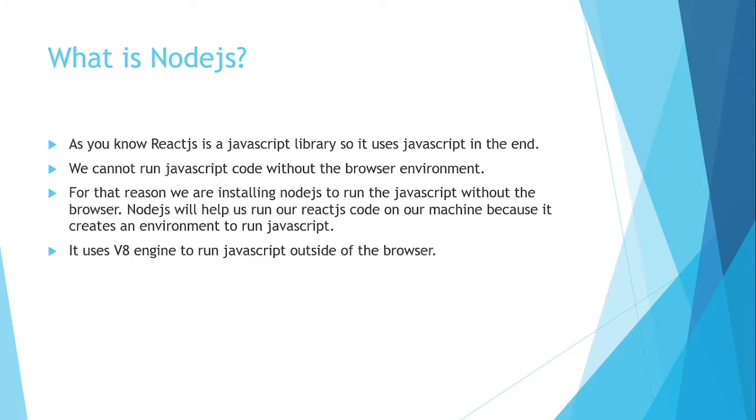They also require this Node.js running environment. Node.js uses the V8 engine to run JavaScript outside the browser. And you know, we cannot normally use JavaScript outside the browser. That's why it creates an environment to run the JavaScript code. So that's why we are using Node.js to run the JavaScript.